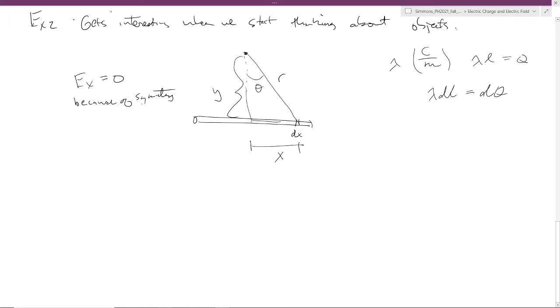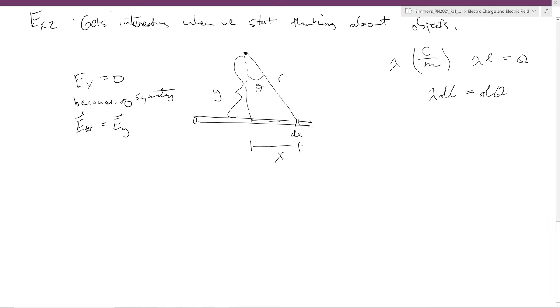And what this also means is that, if you think about it, the total electric field is only going to be pointing in the y direction. And so we'll make use of that when we go to integrate.